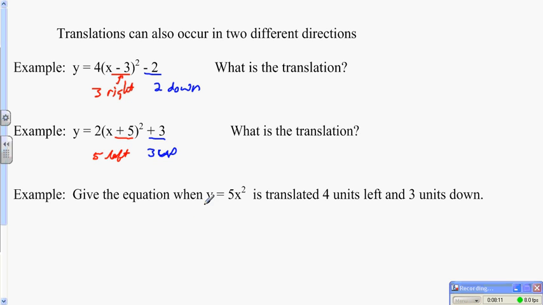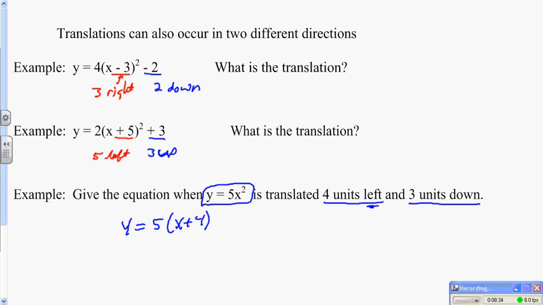So how do we write this function so it goes 4 units left and 3 units down? We would say y equals 5 parentheses x. We want it to go left 4 units, so we're going to add 4.